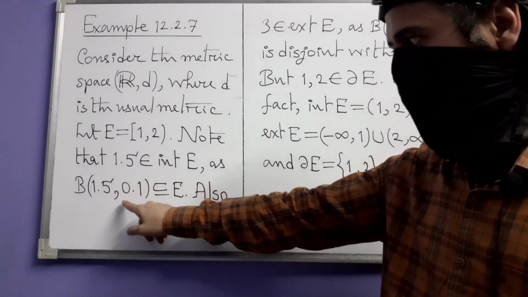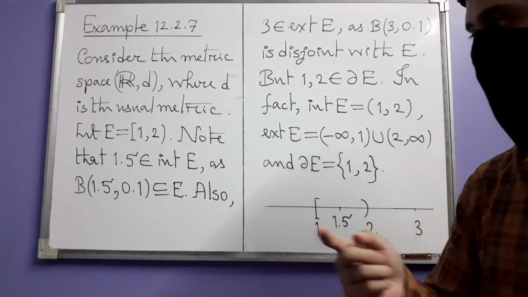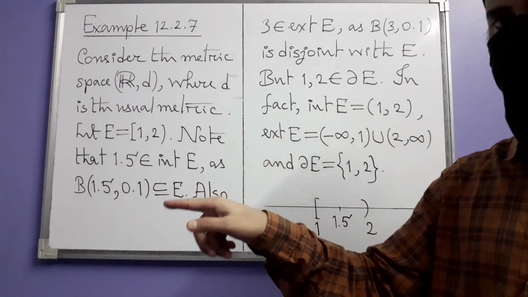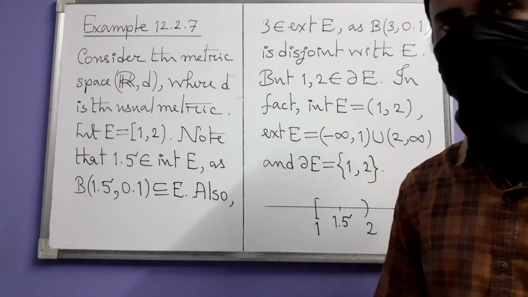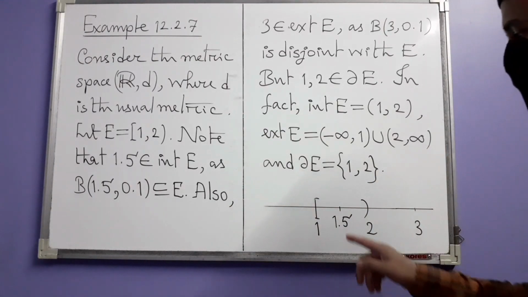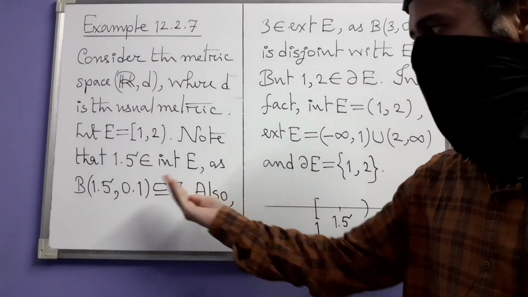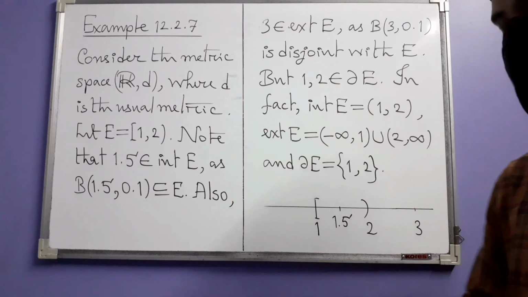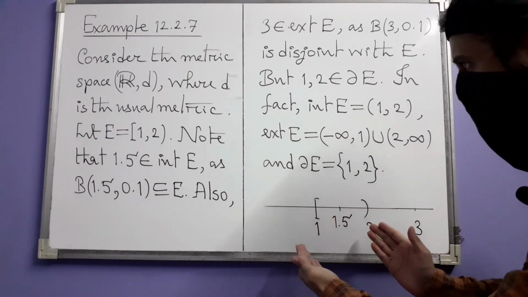What is this open ball? In fact, this open ball is itself an open interval whose left boundary point you can find by subtracting this 0.1 from 1.5. That means 1.4. It will be here somewhere. And the right boundary point will be 1.5 plus 0.1, 1.6. That is entirely contained in this.